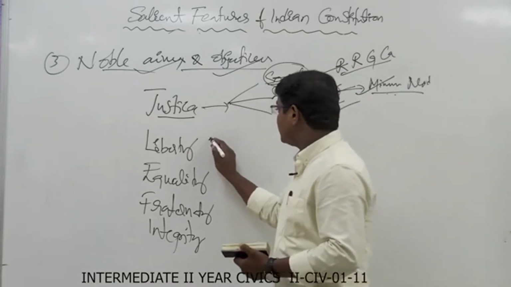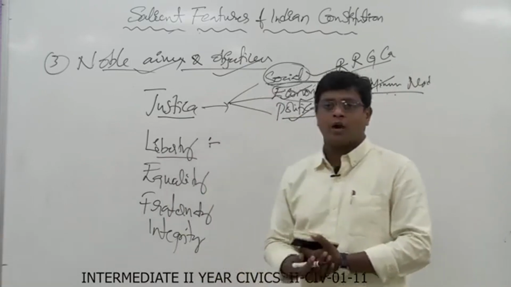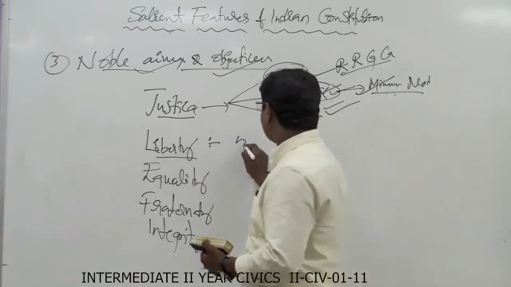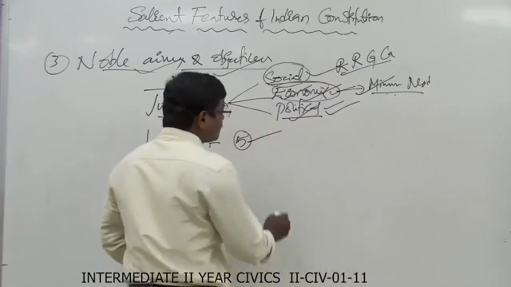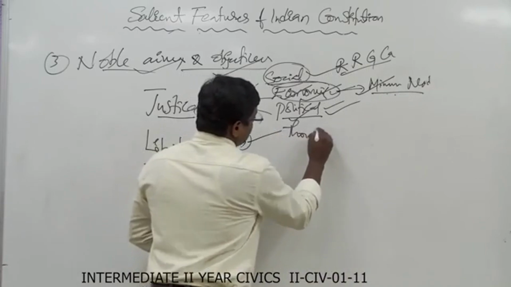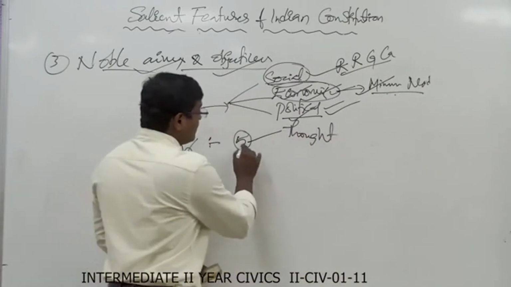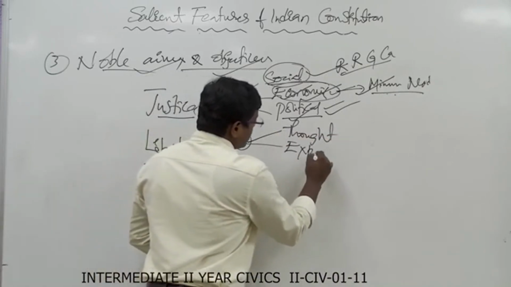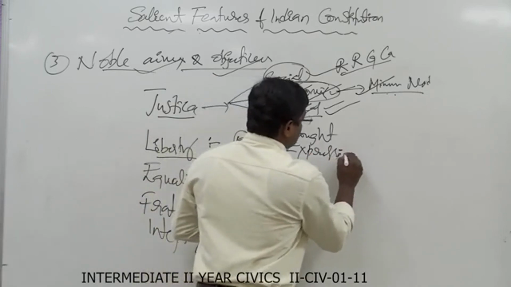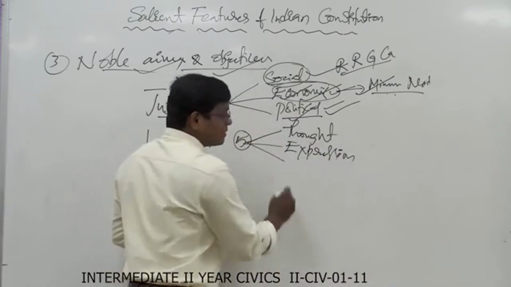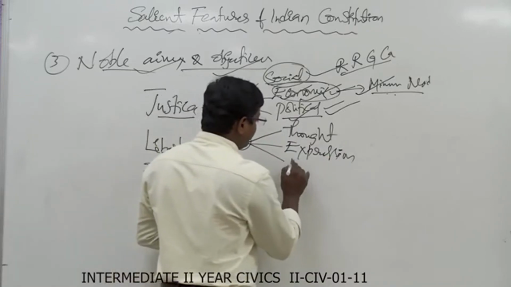Then liberty. Liberty on what grounds? Liberty on 5 grounds. What are the liberties on 5 grounds here? Liberty of thought. Liberty of expression. Liberty of belief.